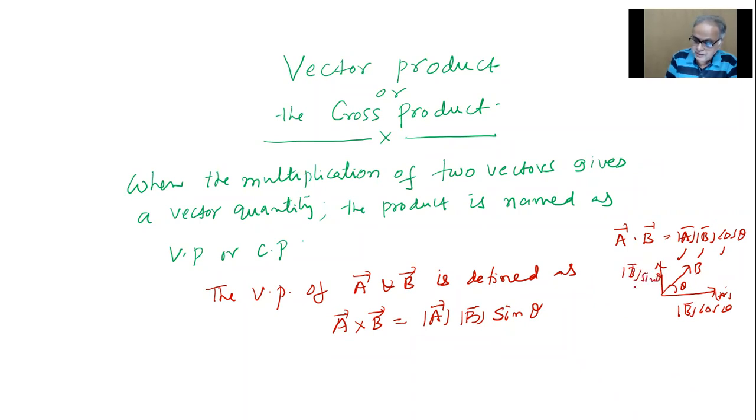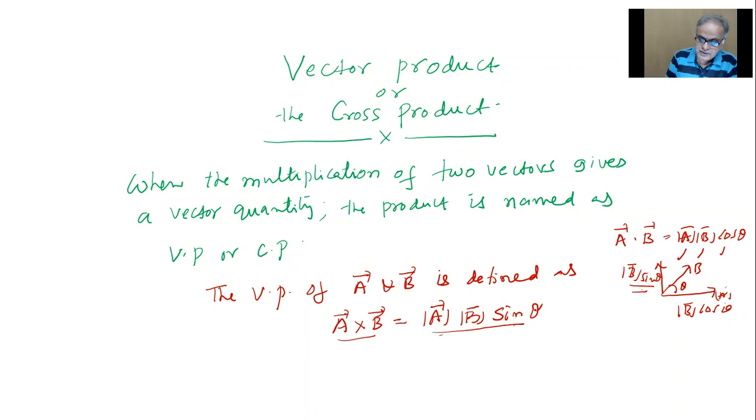So it appears mod B sine theta into mod A is a vector quantity. Okay, children. So this product mod B sine theta into mod A is called the vector product. But remember, the thing is a vector quantity. So just writing like this and leaving it is not correct, because this is a vector, this is a scalar.